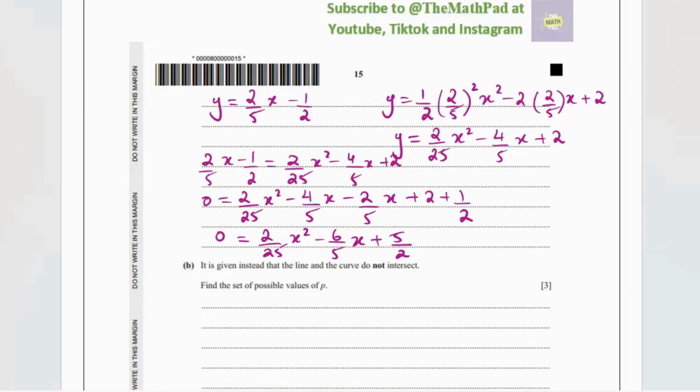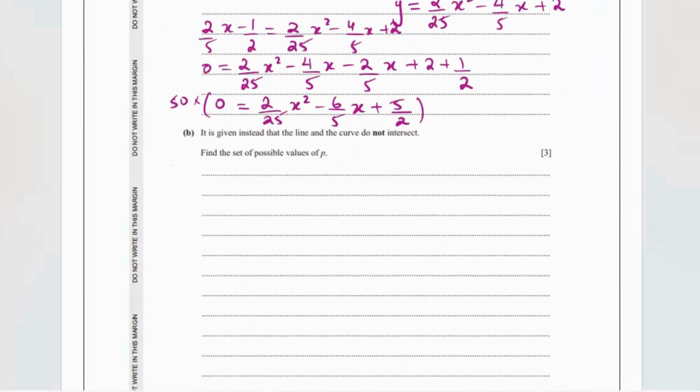To simplify this, we can multiply the entire thing by 50. I'm just going to take the space over here because I didn't add extra sheets in this. But that's going to be 0 equals 4x squared minus 60x plus 125.